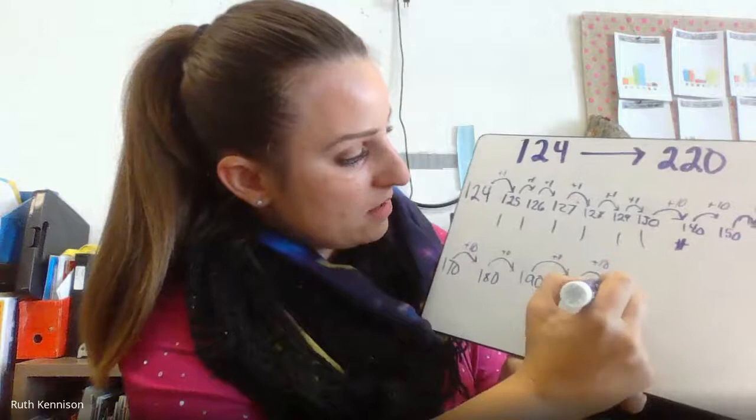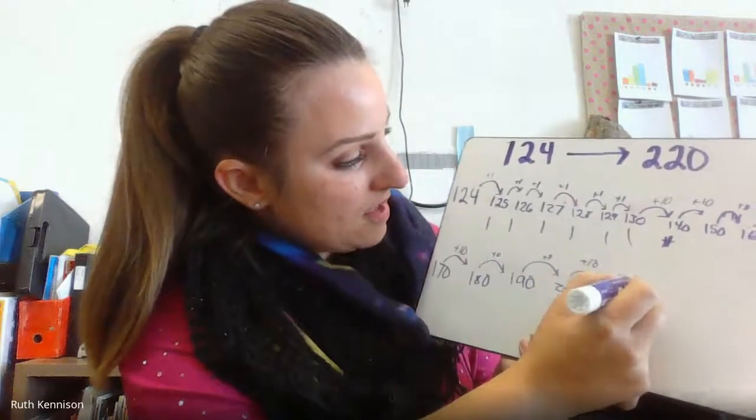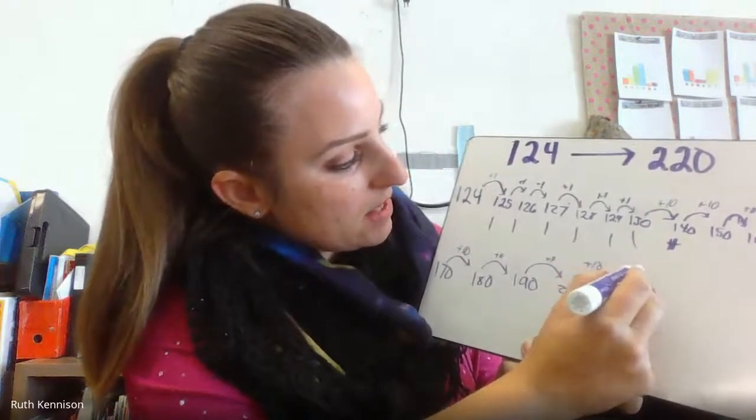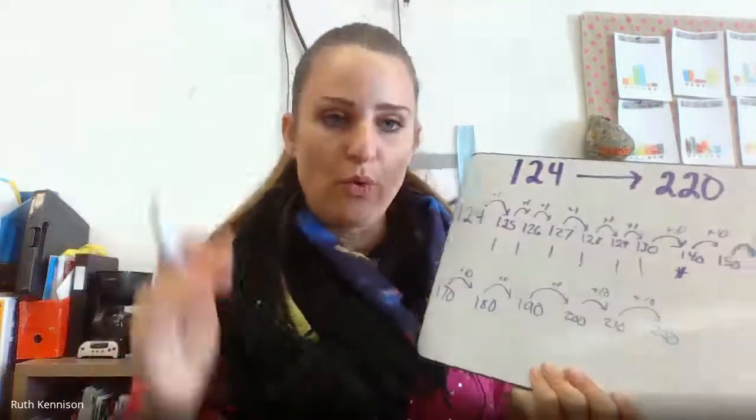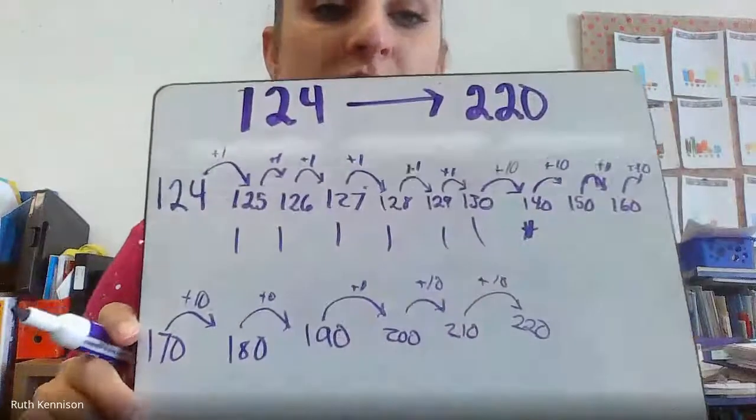Plus 10 again, 210. And finally, plus 10, 220. Whew, Miss Kennison picked a tricky one to start with, huh?